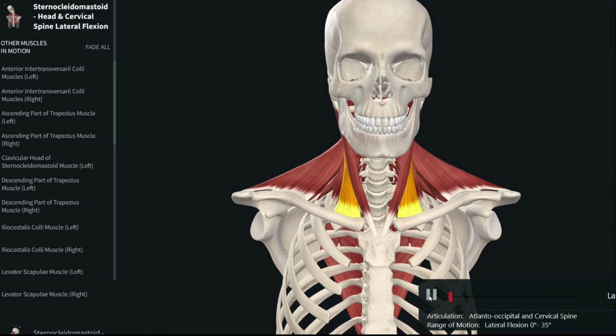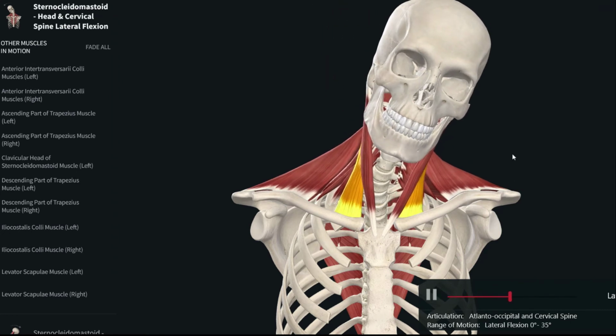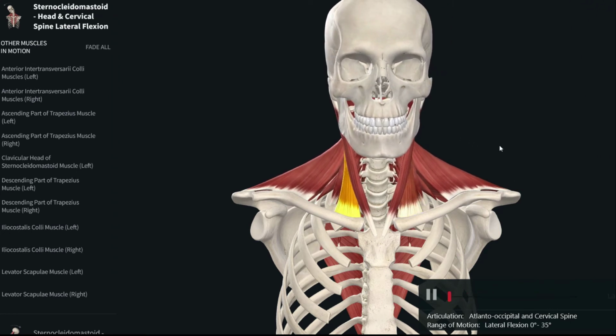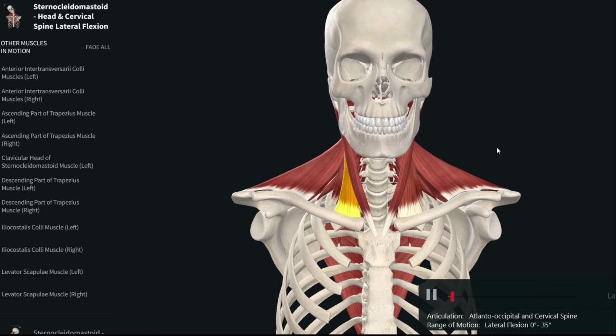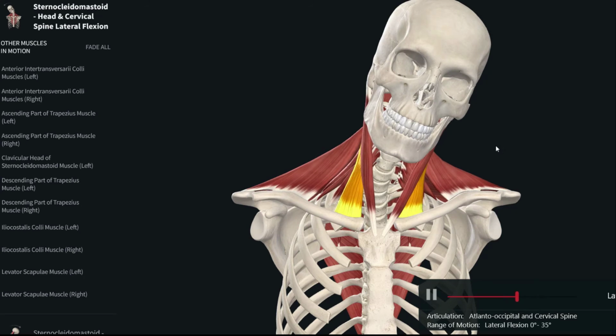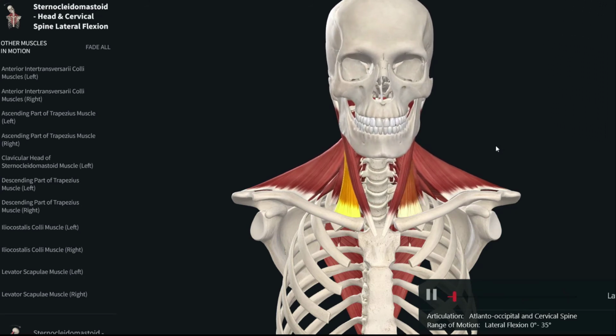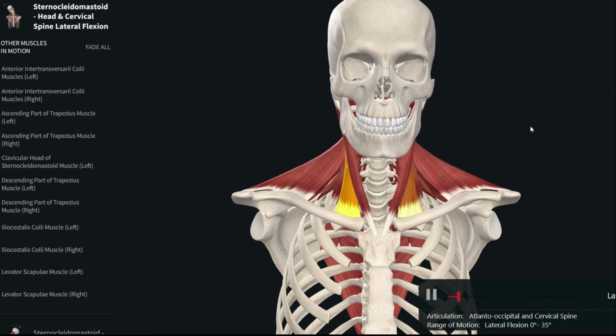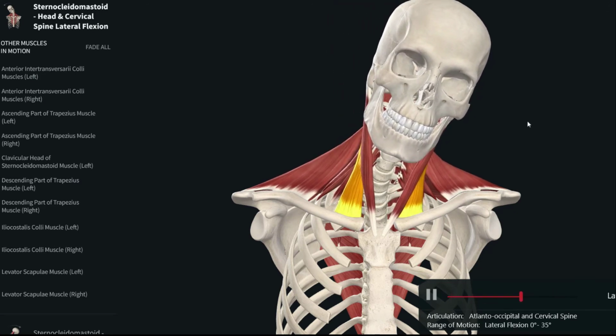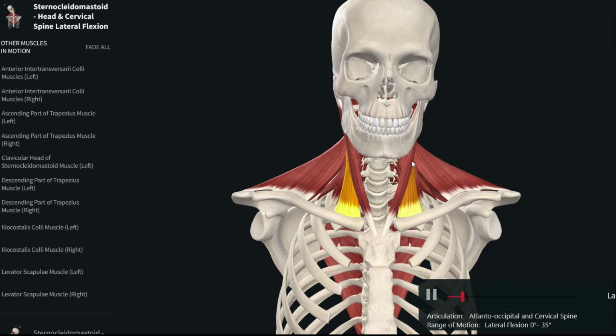Yes, see this. This is the action produced by the clavicular head of sternocleidomastoid, provided it is working alone. So this is the left-sided lateral flexion occurring. This is the left-sided sternocleidomastoid clavicular head working.